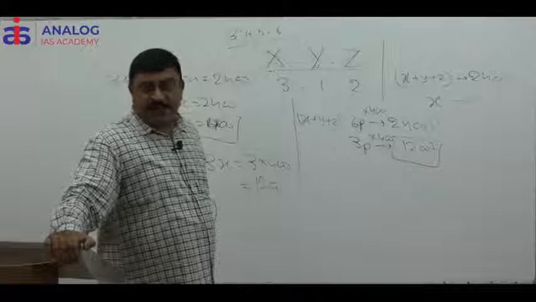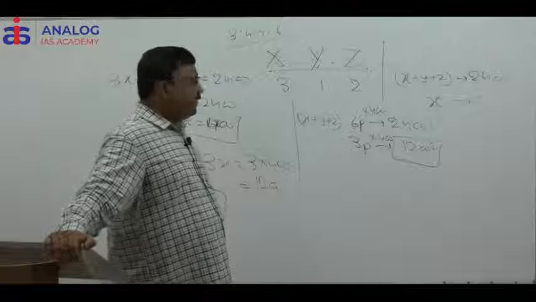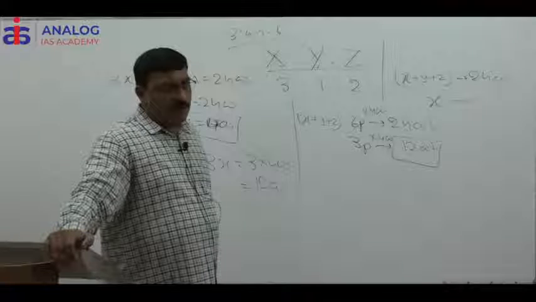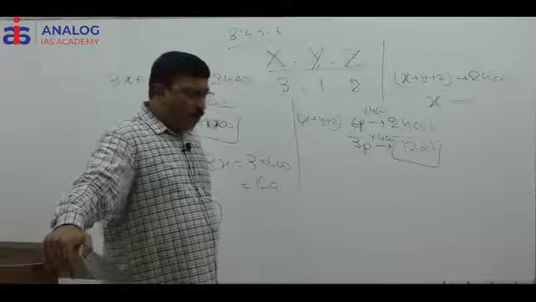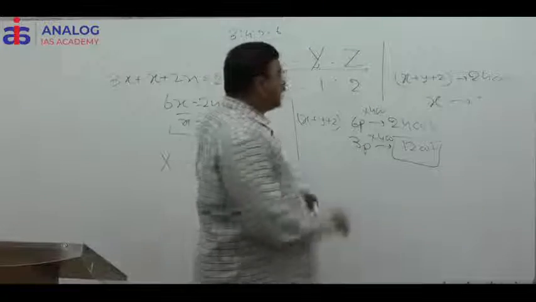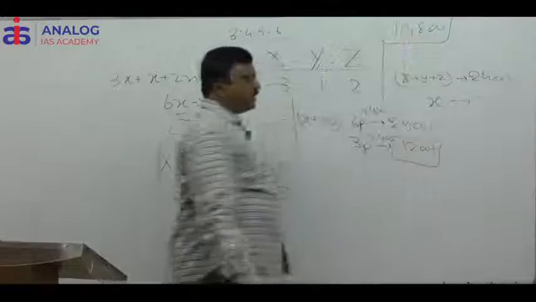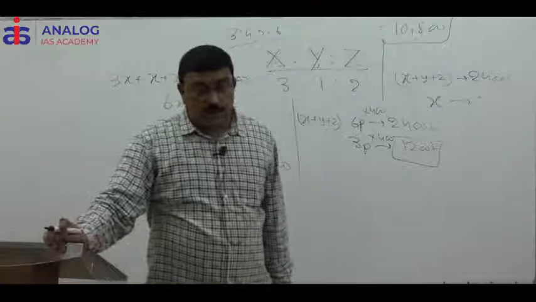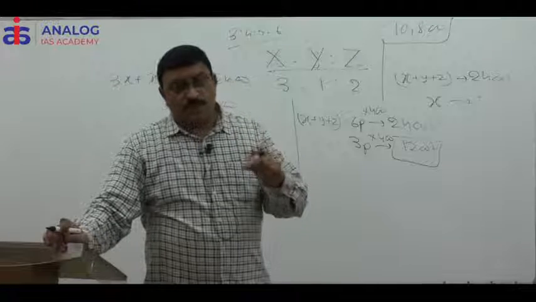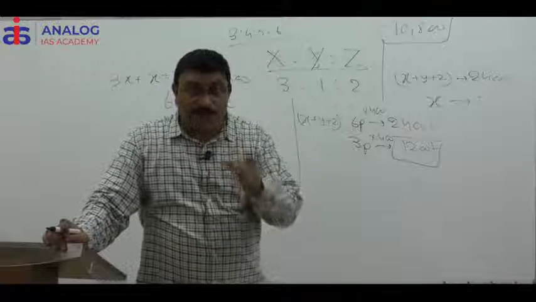A, B, C and D have divided an amount of 10,800 rupees in the ratio 3:4:5:6 respectively.